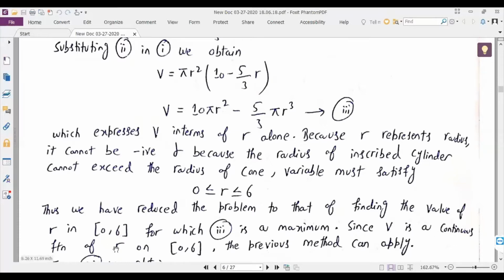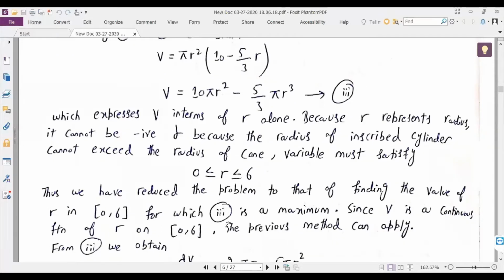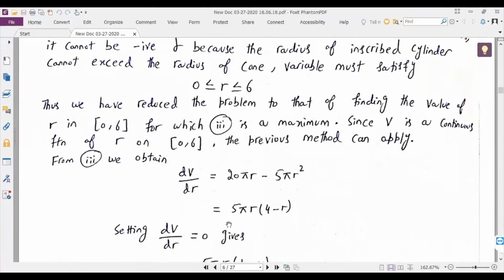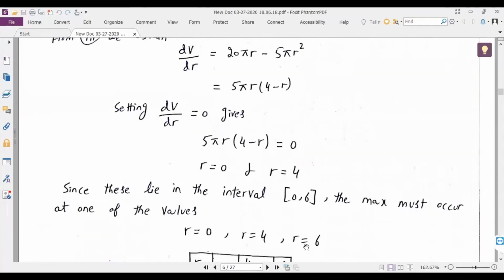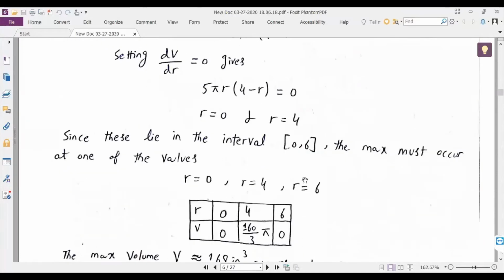Since V is a continuous function of radius on the closed interval 0 to 6, the previous method can be applied. So taking the derivative of equation 3 and setting it equal to 0, we get two values of radius, 0 and 4. Both of these values are part of this closed interval, so the maximum must occur at one of these values.